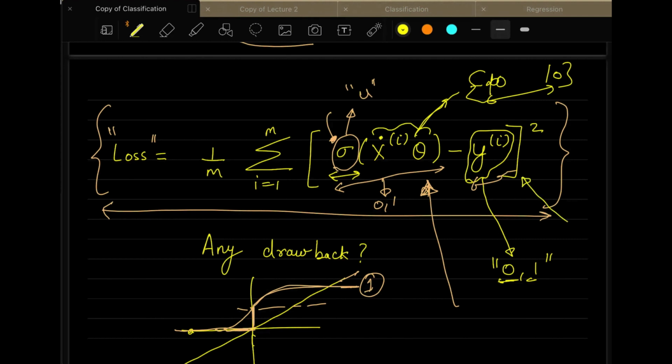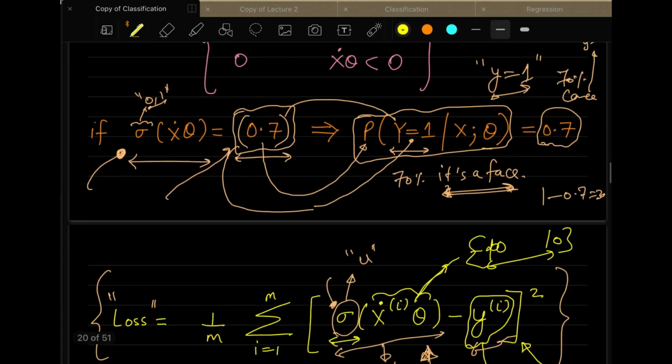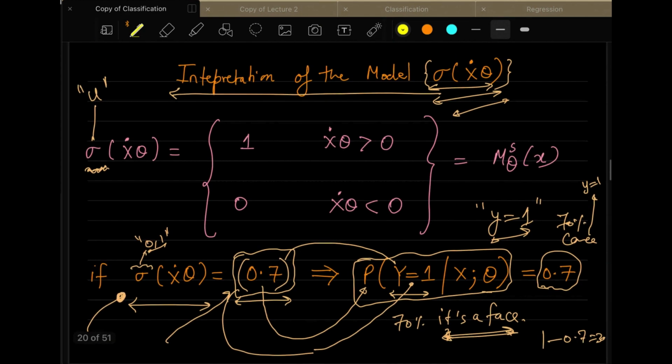So we saw this already, and we also interpreted the results of the model, which is given over here. Because this is a classification model, any value generated by it is interpreted as the probability of y equal to 1 given your data, parameterized by theta.